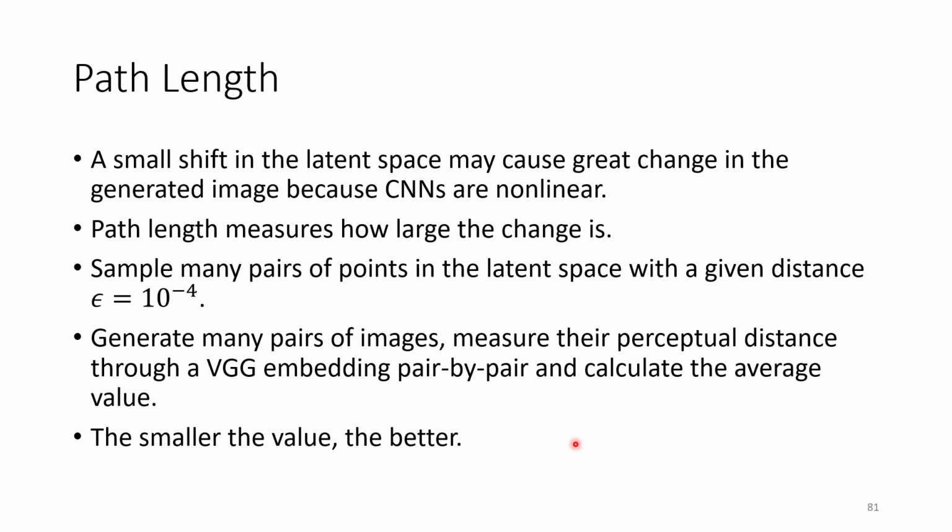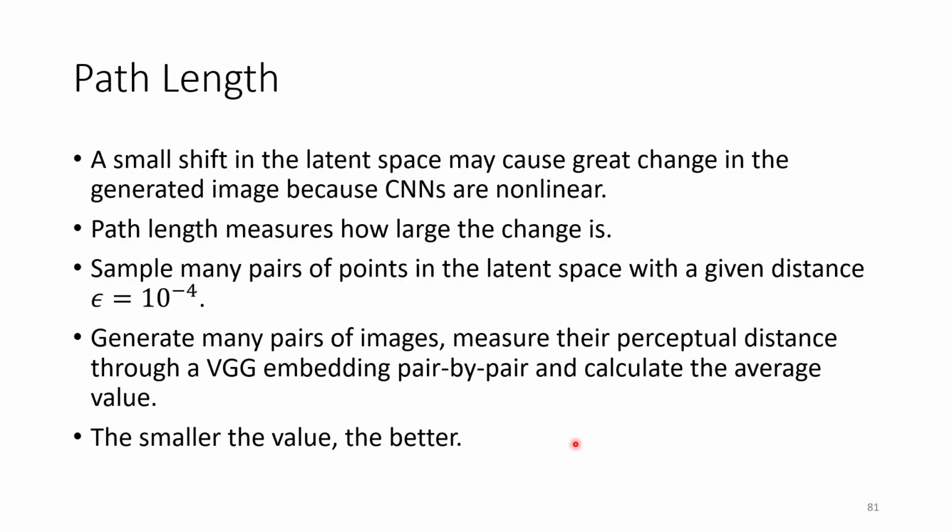They measure the perceptual difference. They generate two different images, right? And they use VGG, pre-trained on ImageNet, to convert the two images into the feature space. And they can compute the difference between the two vectors.